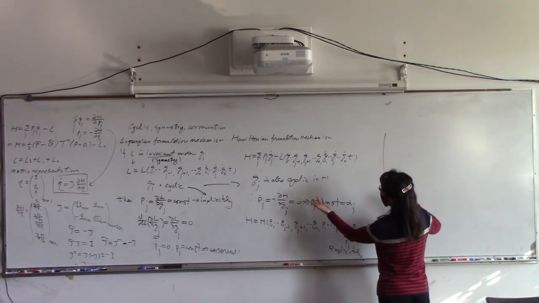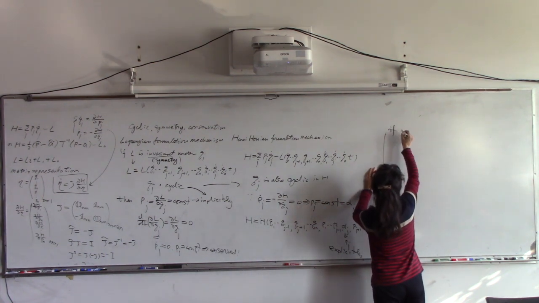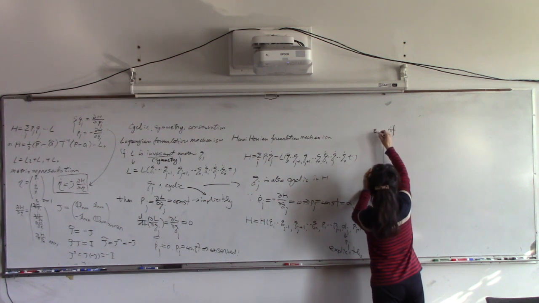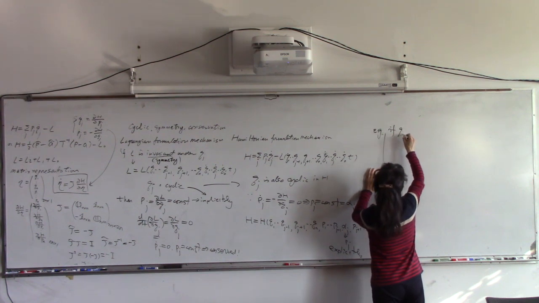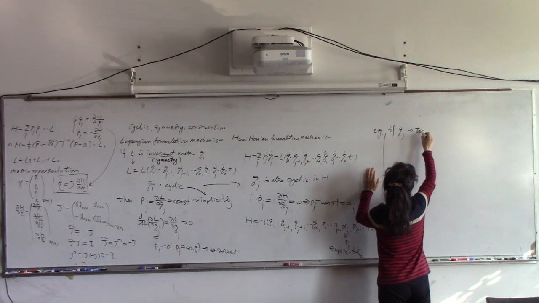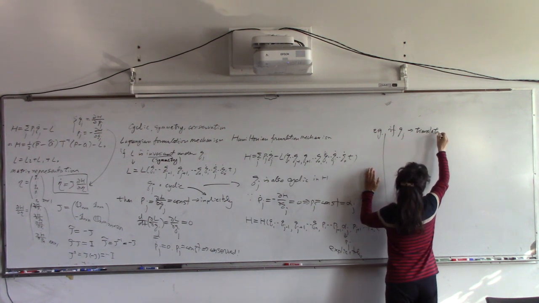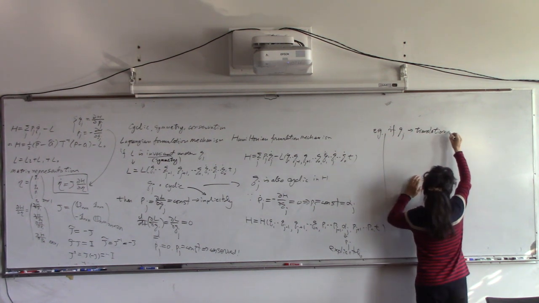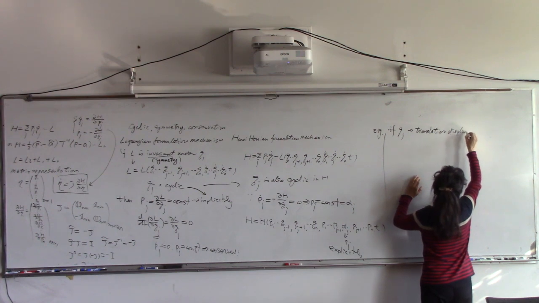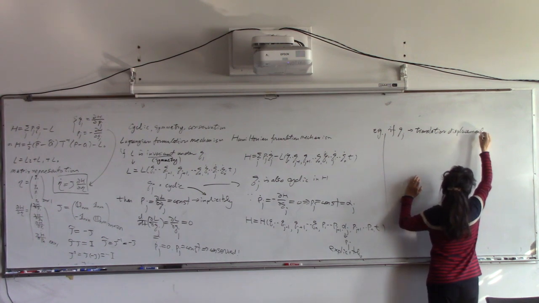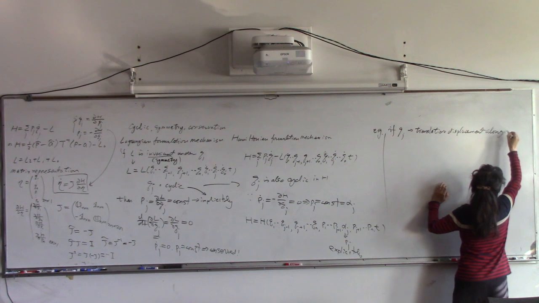Now, we can discuss, for example, if Qj is a translation displacement along the J direction.